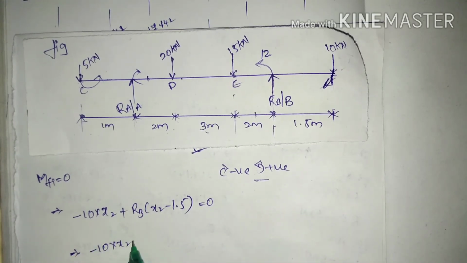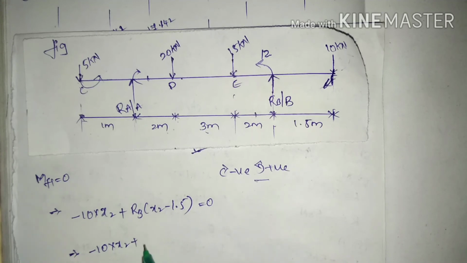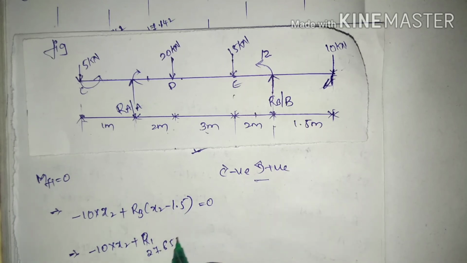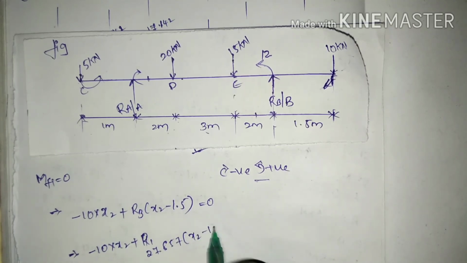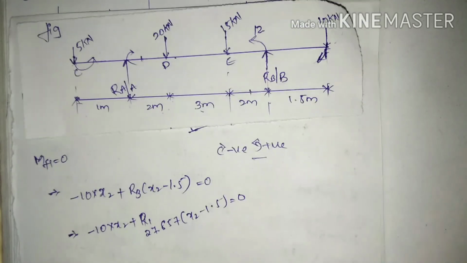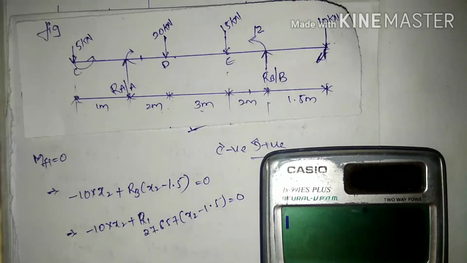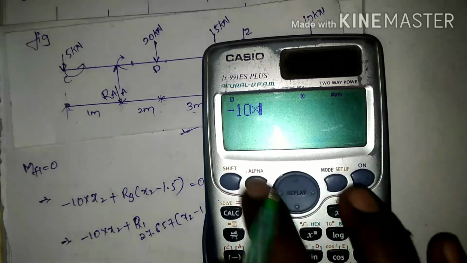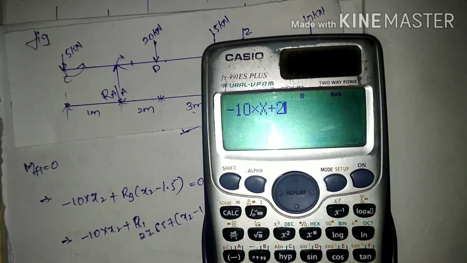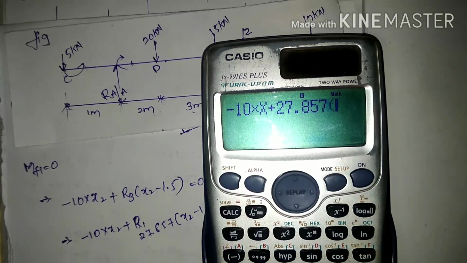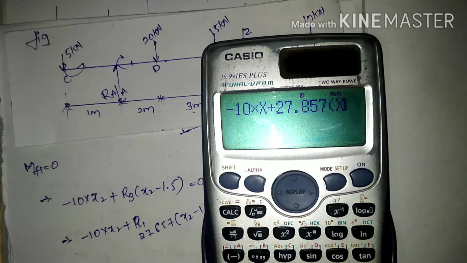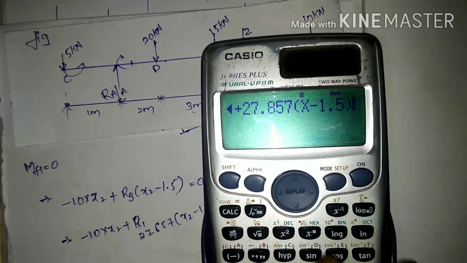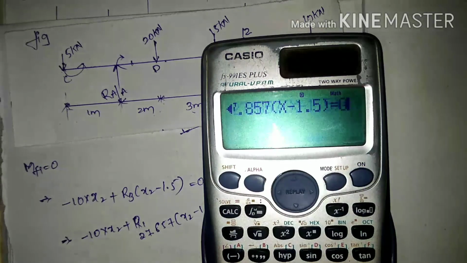Simply representing x2 as x, we have RB value 27.857 into x2 minus 1.5 is equal to 0. Let's see the calculator. Here we have minus 10 into alpha x plus 27.857 bracket alpha x minus 1.5 bracket close, shift, is equal to 0.